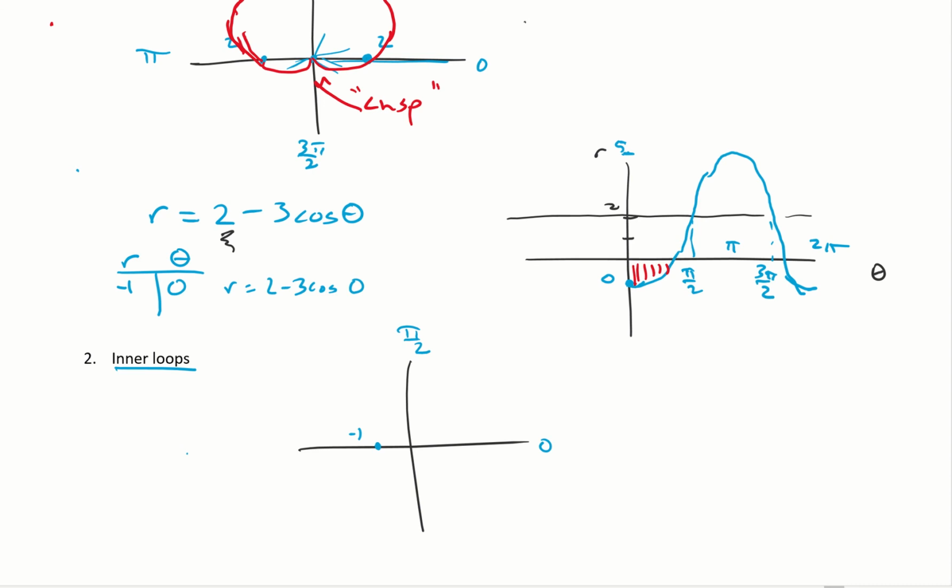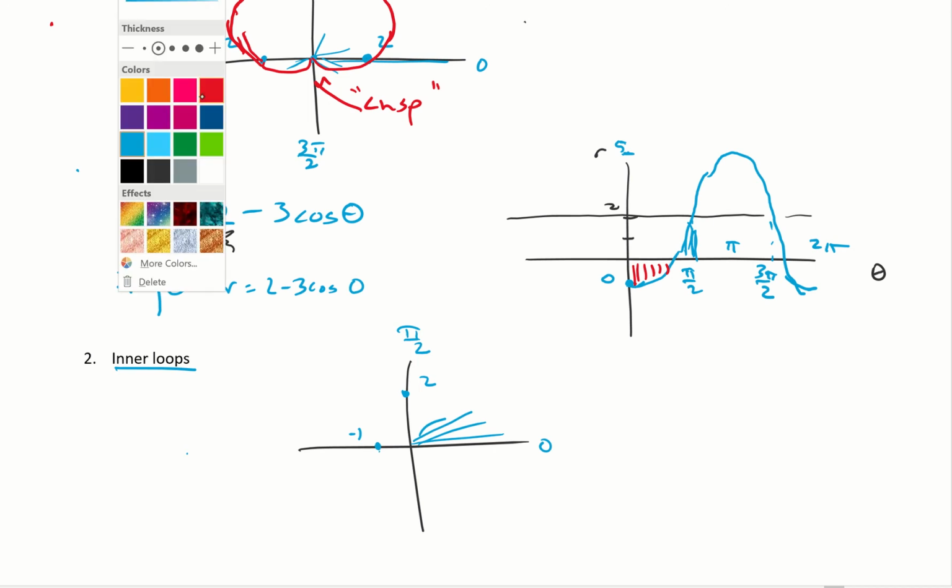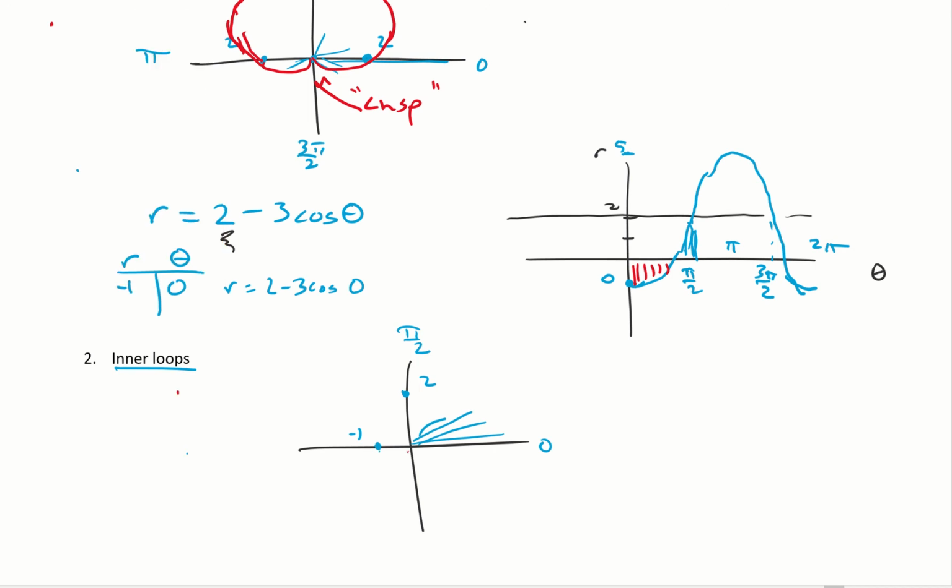It doesn't cross. By the time you get to pi over 2, you're actually at 2. So it goes less and less negative, and then by the time you get to pi over 2, you are at 2. So the angle is actually going in this direction, but you have negative values for r that will scope out a little loop here.